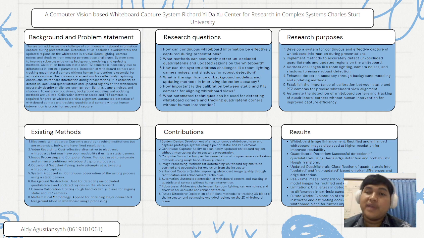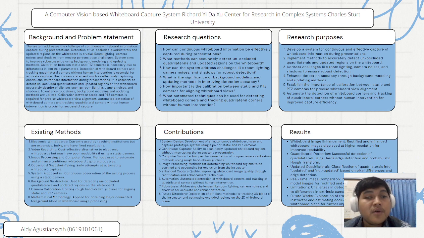Background and problem statement. The system addresses the challenge of continuous whiteboard information capture during presentations. Detection of unoccluded quadrilaterals and updated regions on the whiteboard is crucial. Room lighting, camera noise, and shadows from a moving person pose challenges.